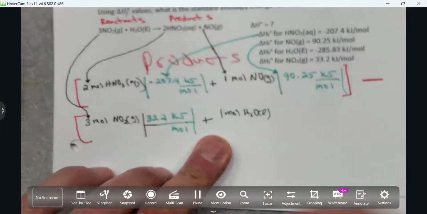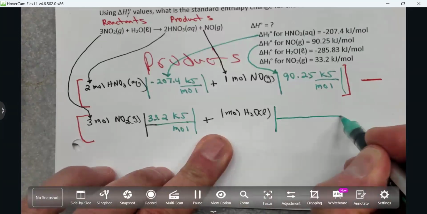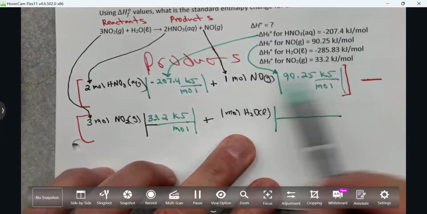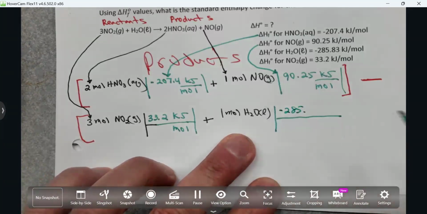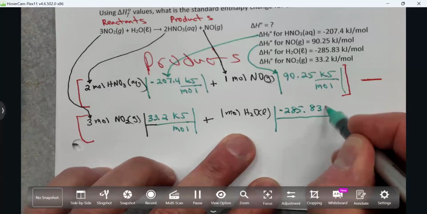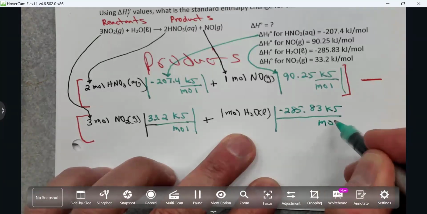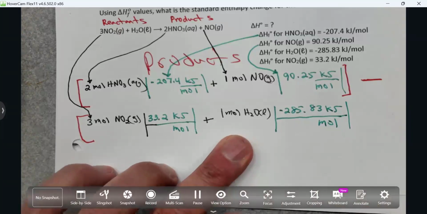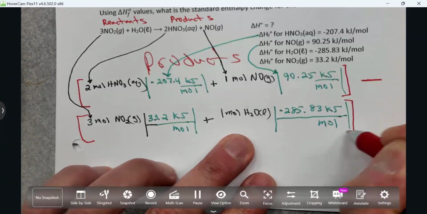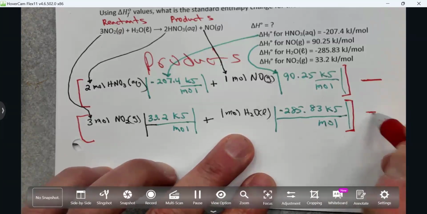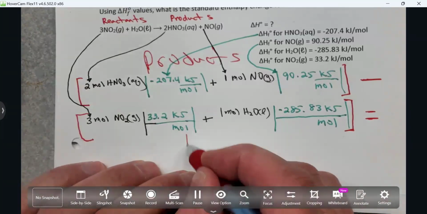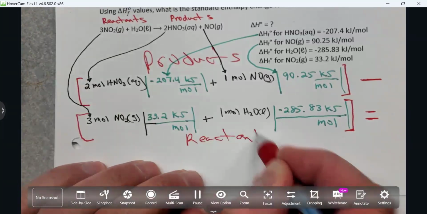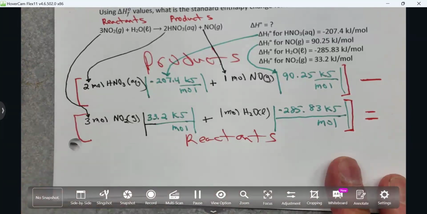And negative 285.83 kilojoules per mole. We'll close this bracket, right? Products minus reactants.